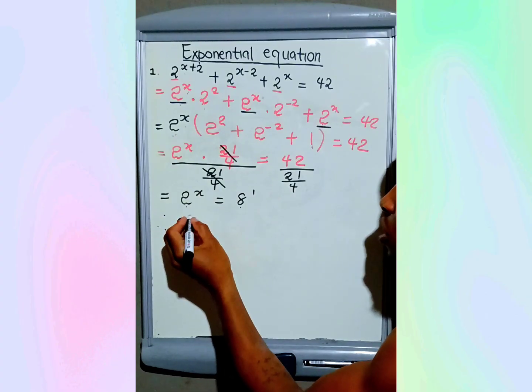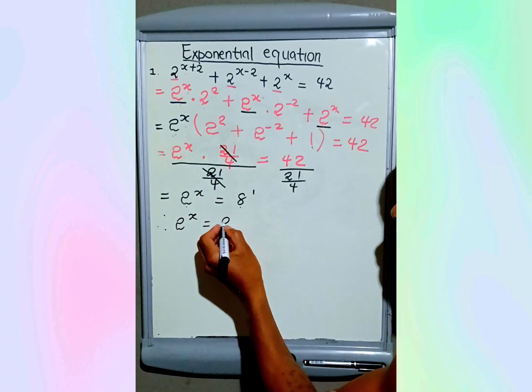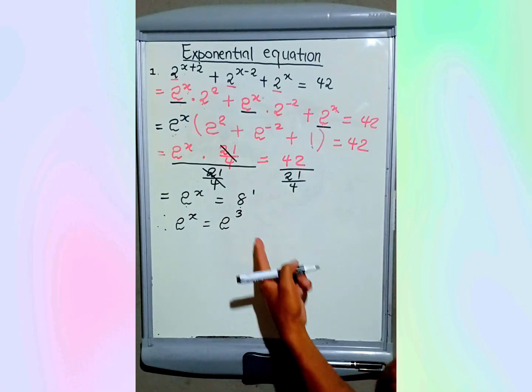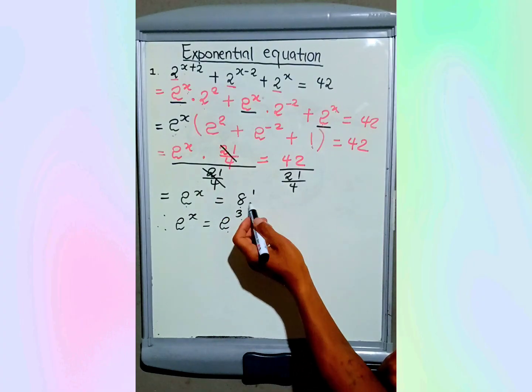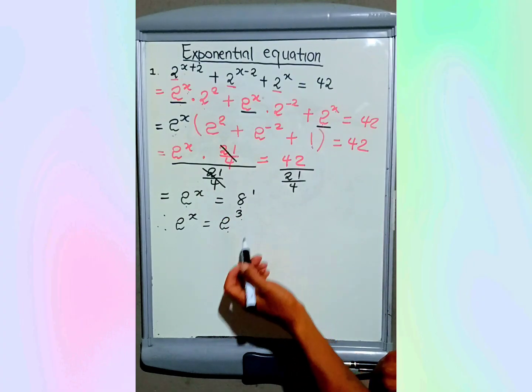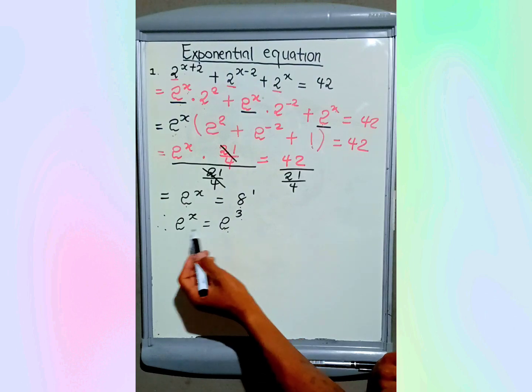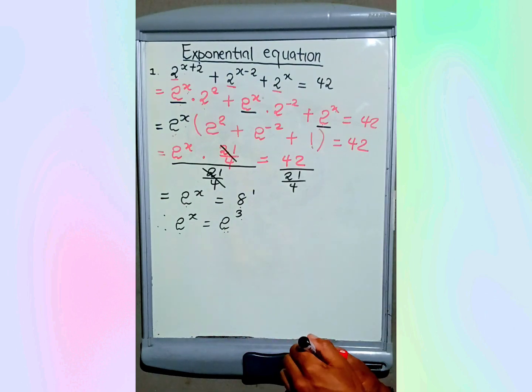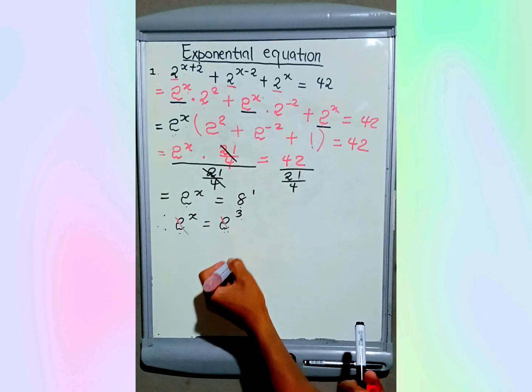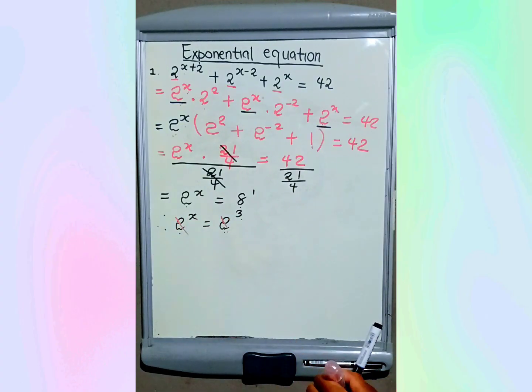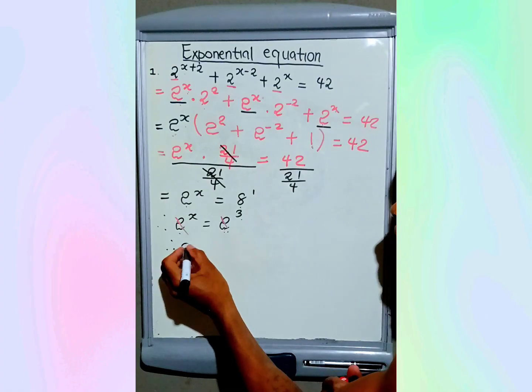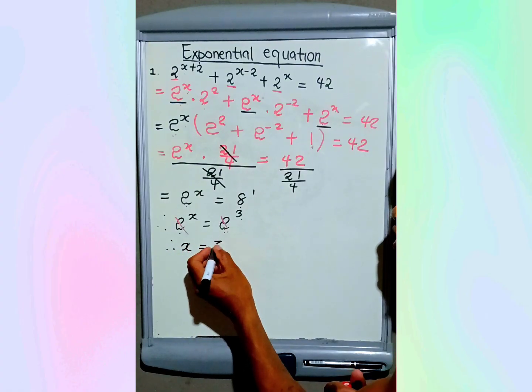Therefore, 2 raised to x is the same as 2 raised to 3, because 2 raised to 3 is the same as 8. Then now the bases are the same. What are you going to do? We're going to drop the bases and take the exponent. Therefore, we draw the conclusion now, x equals 3.